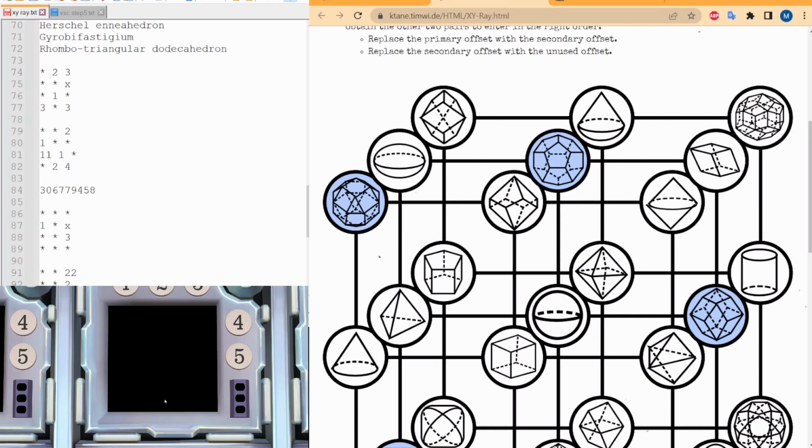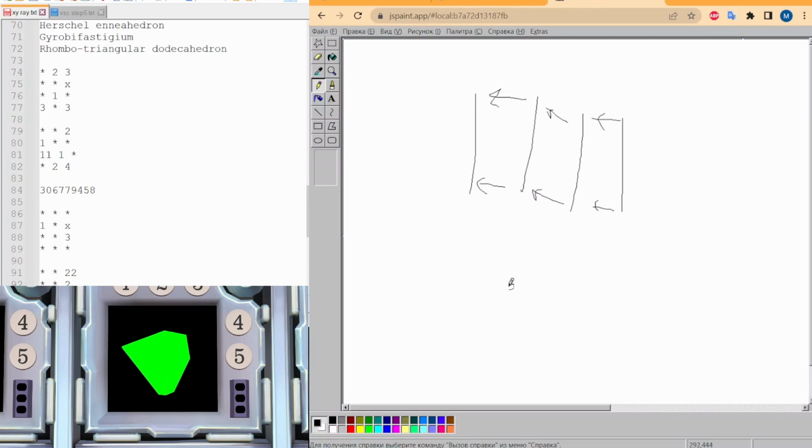Okay, here was a triangle. Let's see that again. Yep, there was division, and then they met here.